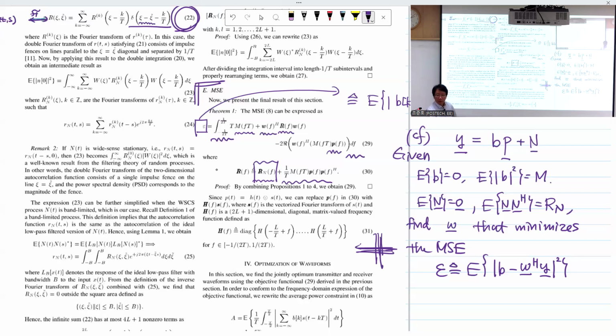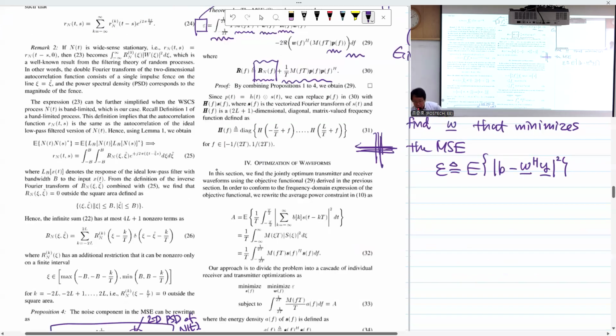Got it? Now, you do the same procedure as we did for our problem. So let's expand it. Expectation of B squared minus 2 times the real part of B conjugate W Hermitian Y, plus W Hermitian Y squared.